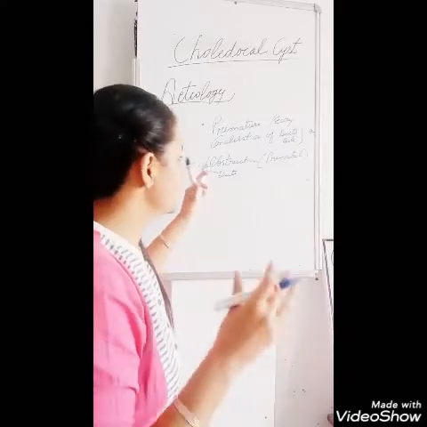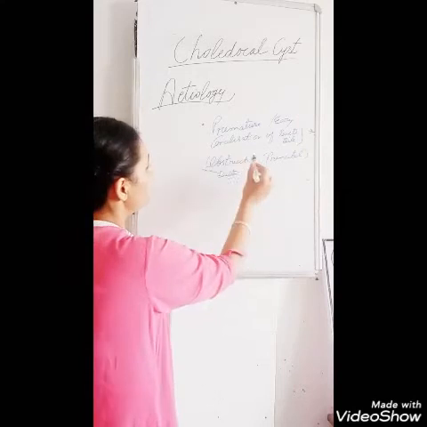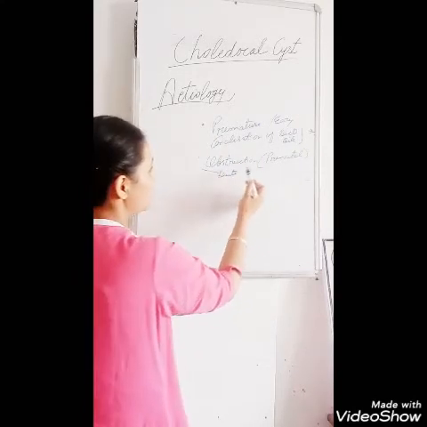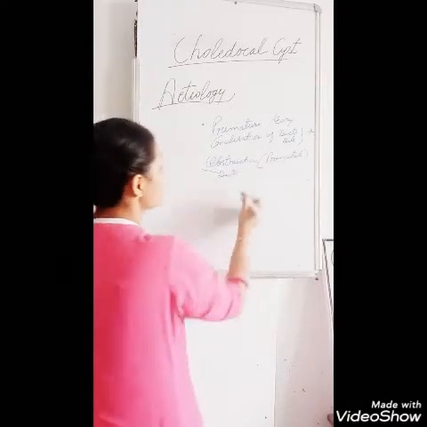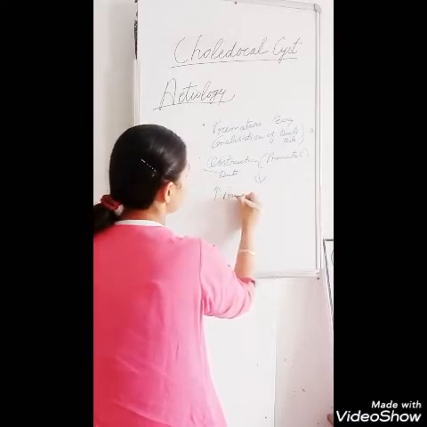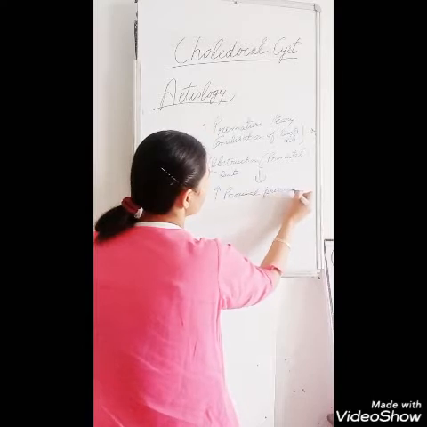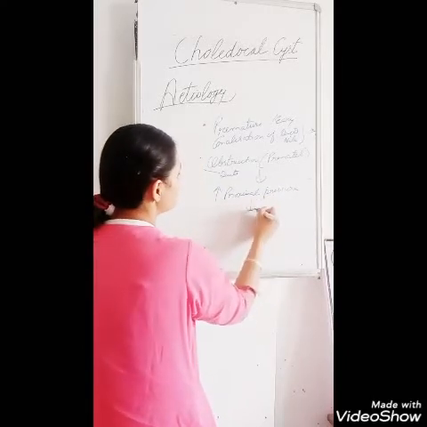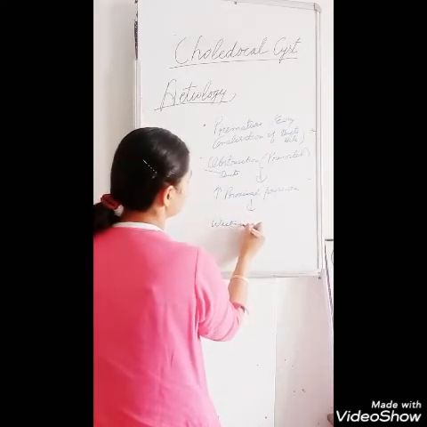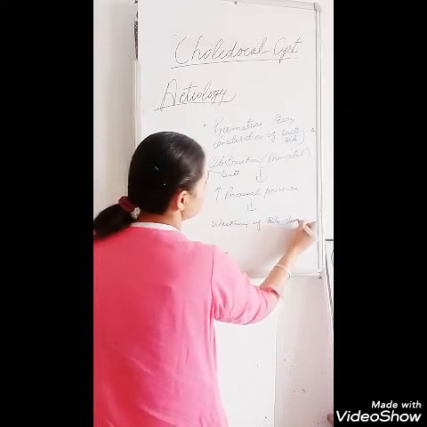So basically these reasons are given in every book, that there is early canalization of the bile ducts, and that causes the obstruction of the bile ducts, and that will result in increased proximal pressure of the bile ducts, and then this will result in the weakening of the bile ducts wall.